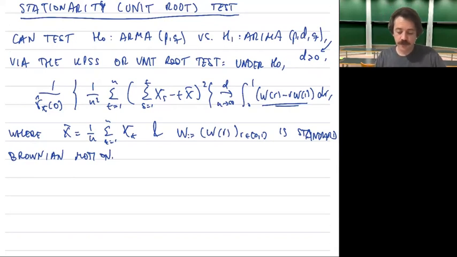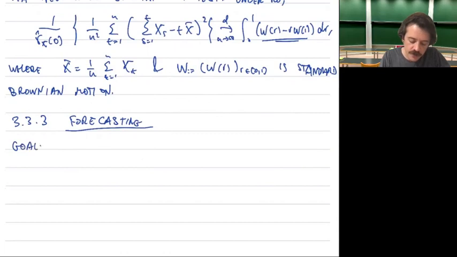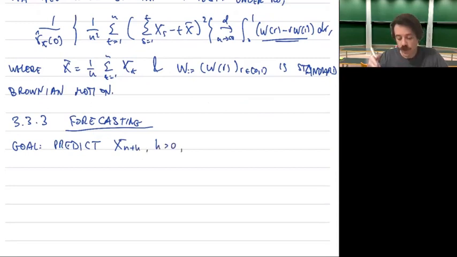Okay, so forecasting. What is the goal? Recall that we have data that is just x_1 to x_n, and what we wish to do is to predict x_{n+h}, for some h greater than 0, so somewhere beyond the last observation, from precisely our observations from 1 to n.